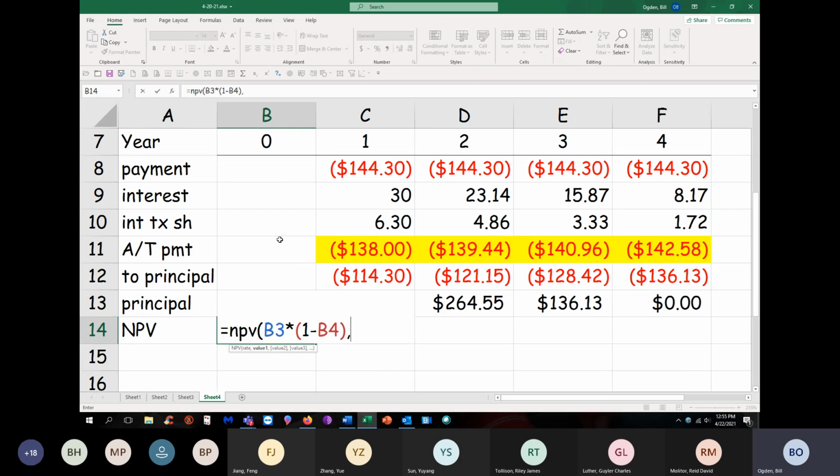All right, next argument is just the cash flows. So we'll catch these. All right. And then, of course, the NPV argument, I think we've seen this enough times throughout the course.